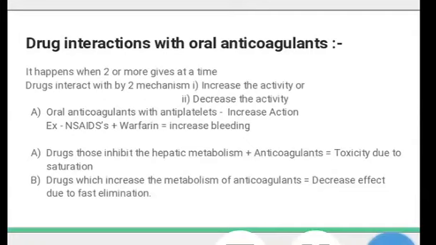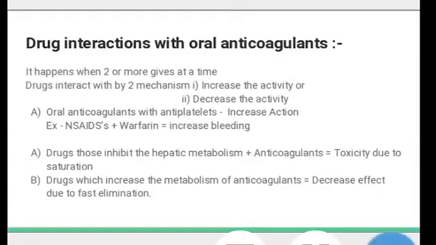So basically those drugs which inhibit platelet aggregation, when given with an oral anticoagulant, potentiate the action of each other. Both the anticoagulant activity and platelet inhibition become more effective, and increase the result of the anticoagulant.